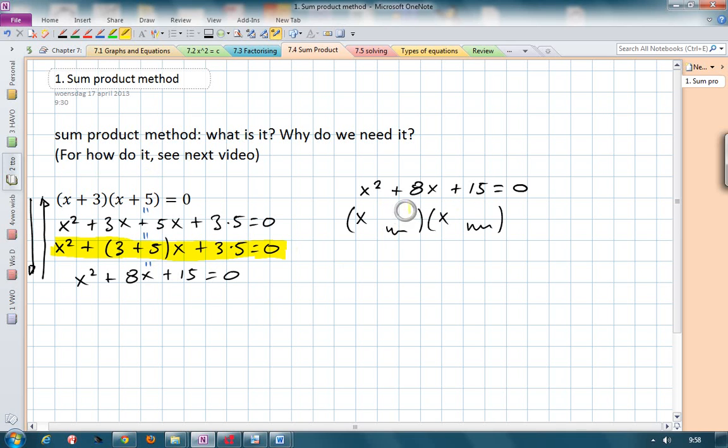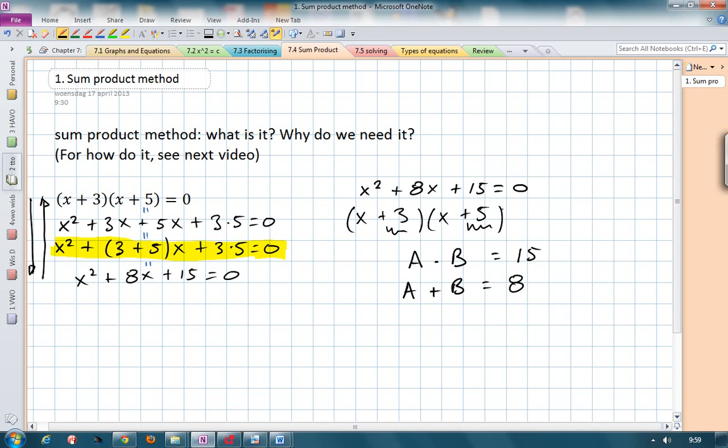So really what I'm looking for here is two numbers, an a, let's say, and a b, that when I multiply them, a times b, I want to get 15. And when I add them together, I'm going to get an 8. And that's the name of the game. That's what the sum product method is. The sum of these two things must be that number in front of the x. The product of these two things must be the constant that you add at the end. And of course, the two numbers you're looking for are, in this case, the 3 and the 5.